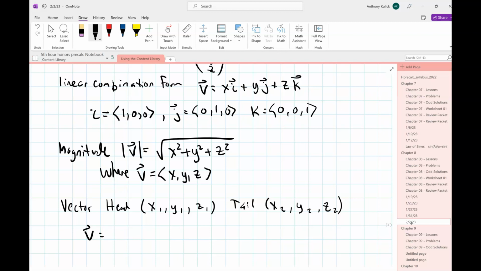We do it the same way we did for a two-dimensional vector. We just do head minus tail. We just have a third component, but whoop-de-doo-doo!